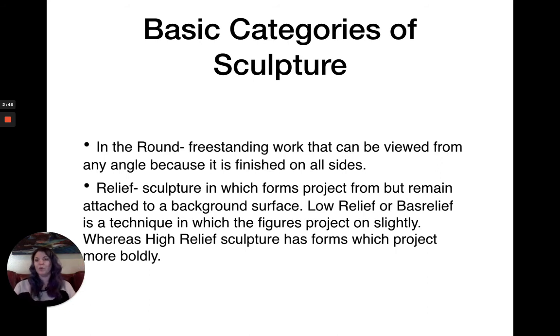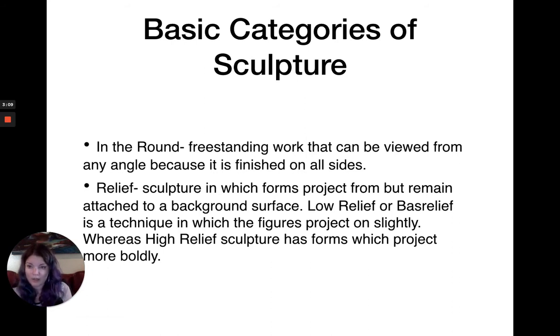Relief sculpture is sculpture in which the forms project from but remain attached to a background surface. Within that, we have low relief or bas relief, which is a technique in which the figures project only a little bit. And then there's high relief sculpture, which has forms that project out more boldly.